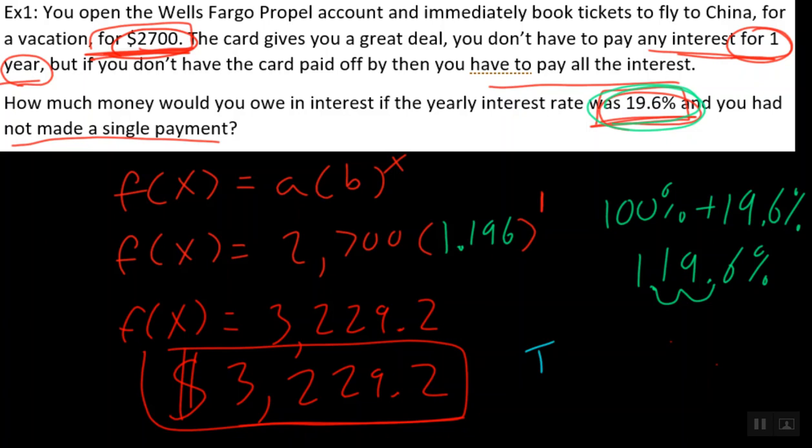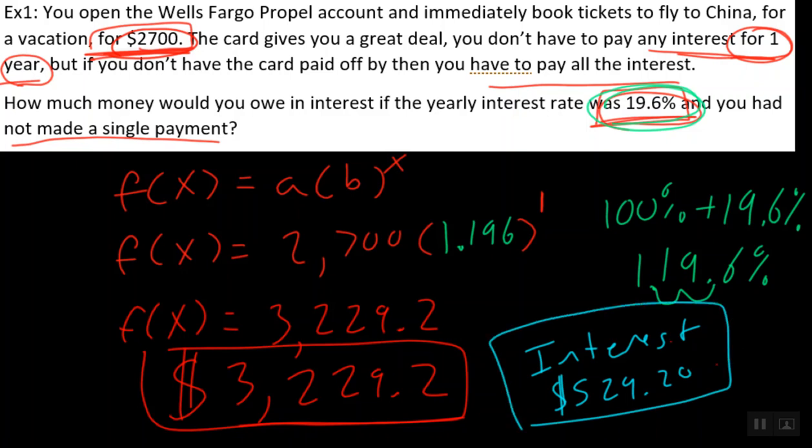You could subtract these, and the interest that you paid would be $529.20. That's the amount of money you paid them for giving you that loan. And notice that's only over the course of 1 year. What if you had held this balance for 3 years or 4 years or 5 years? You would wind up paying significantly more.